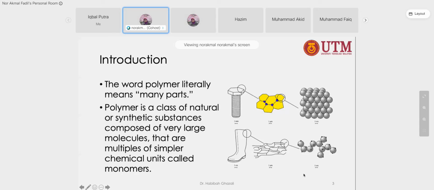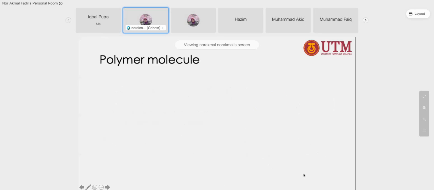But if you look at a polymer, like the plastic board, the atoms are bonded by covalent bonding, and the bonded atoms form a chain, a molecular chain. So this is the structure of the elements inside polymer materials.